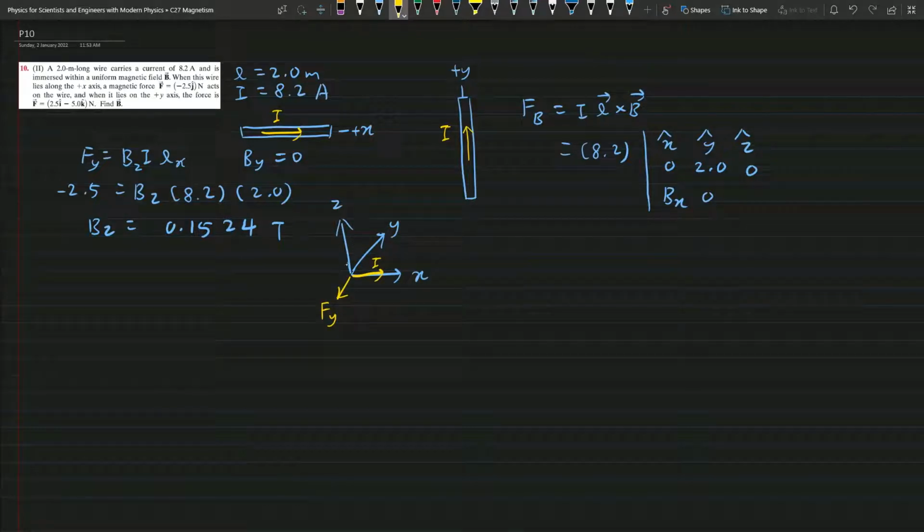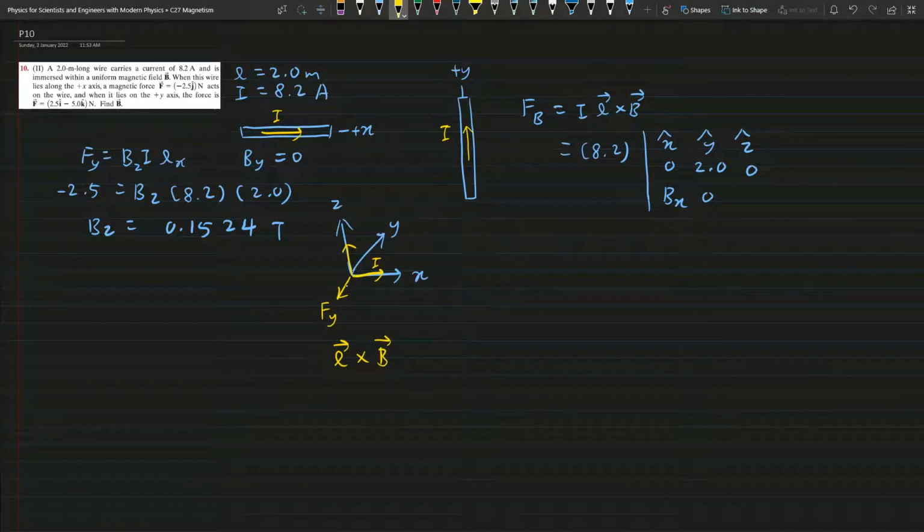And to produce this using your left hand, we must have this magnetic field in the positive z component. So remember this L cross this B, right?